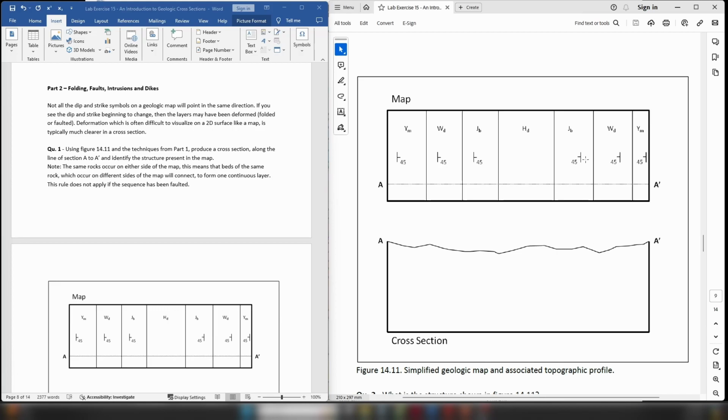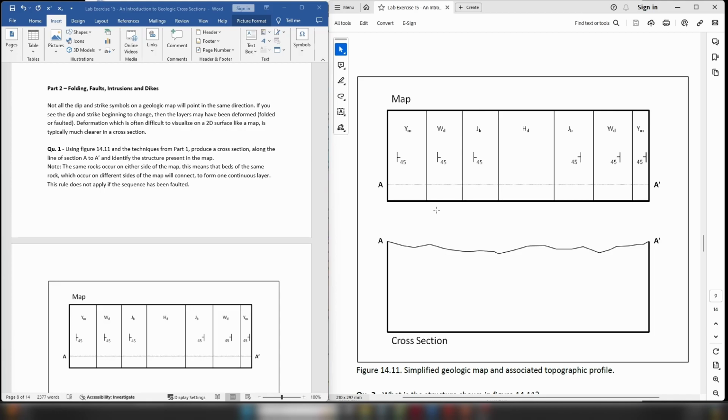The other possibility is that the sequence has been faulted, and in the process of faulting it, you've had packages of rock either pushed over each other or dropped down relative to each other, and this has resulted in this repeating pattern of rocks. Now, when we look at this map, there is no fault clearly labeled.